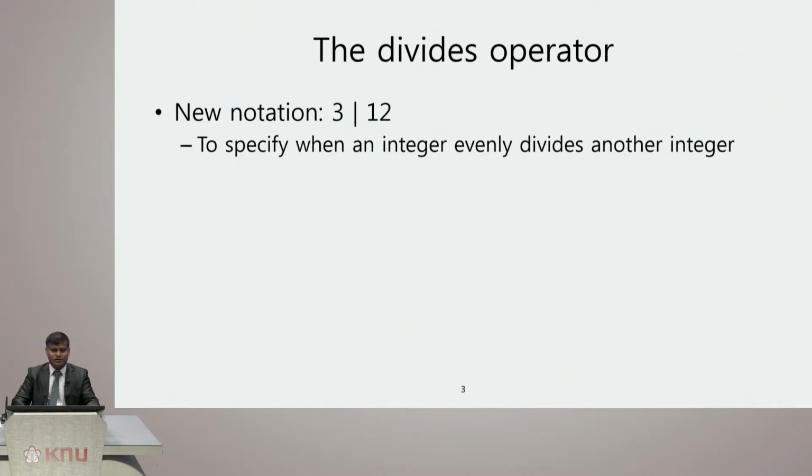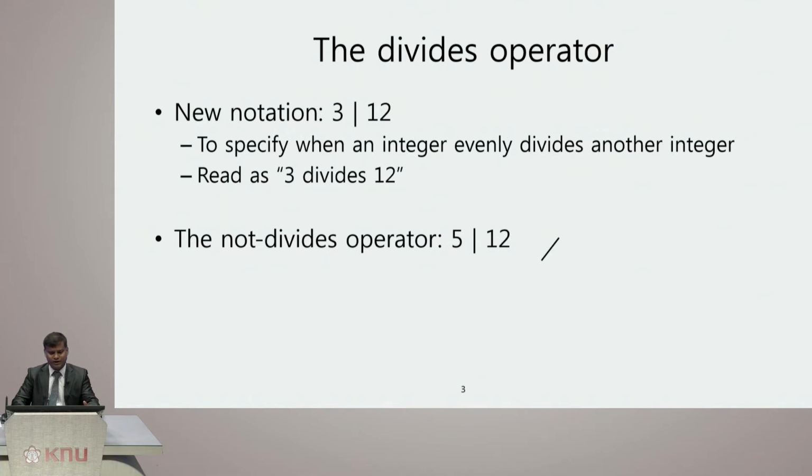We know 3 divides 12 four times, right? So to specify when an integer evenly divides another integer, yes, 3 evenly divides 12 four times. We can just read it as 3 divides 12.